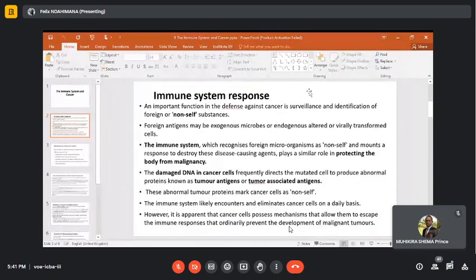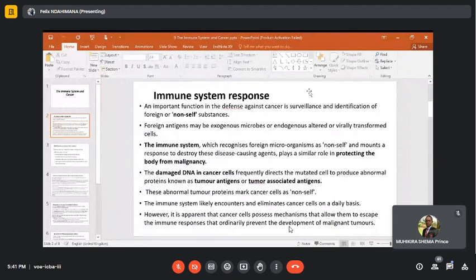So an important function in the defense against cancer is surveillance and the identification of foreign or non-self substances. This is a very important thing in the immune system. If there is surveillance and identification of non-self, then we won't be able to get cancer, because these cancer cells are not normal, and any abnormal cell is meant to be eliminated from circulation.